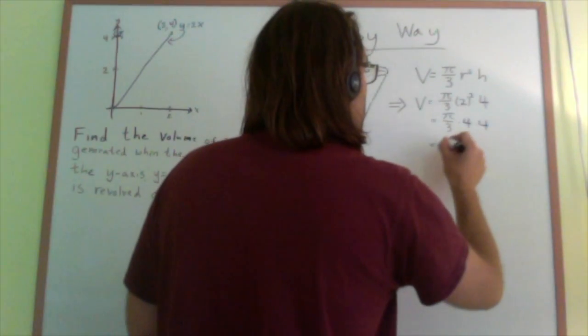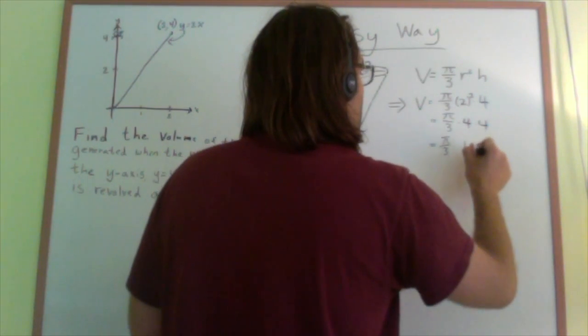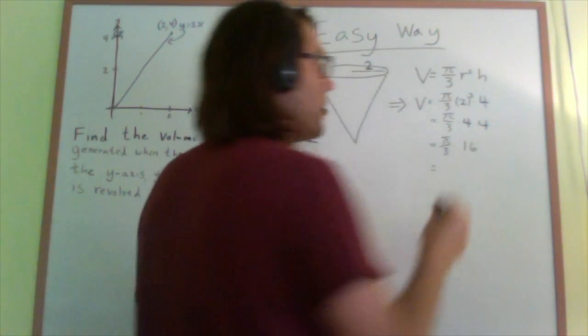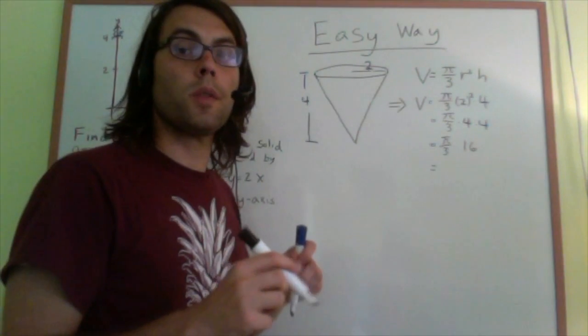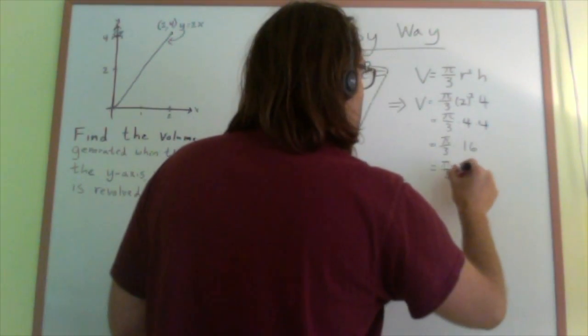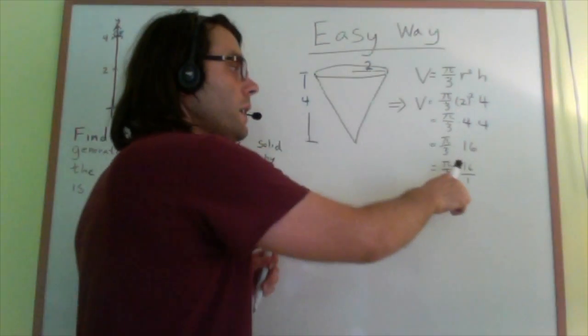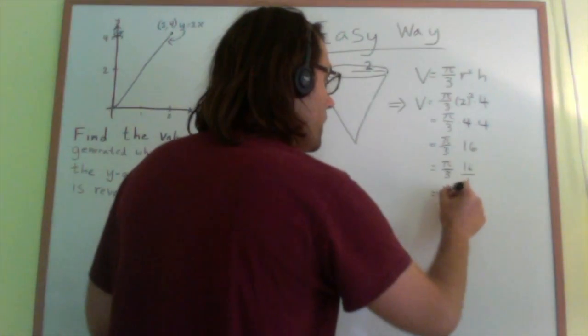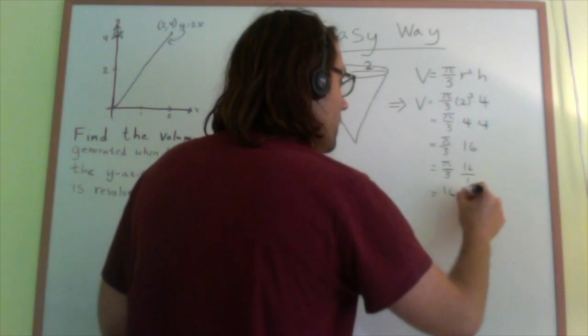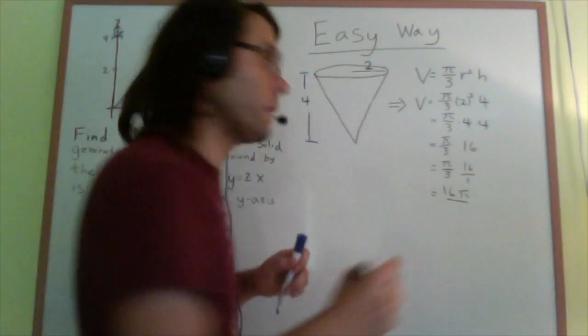Maybe I'll just switch to black. And then pi over 3 times 16, the way you handle this is you put the 16 over 1. Pi times 16, that's 16 pi. 3 times 1 is 3.